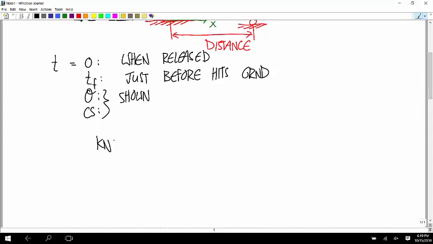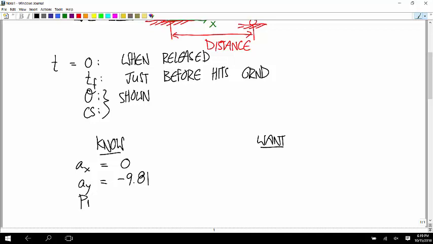And so now we have to figure out what we know and what we want. Do we know the amount of time it takes to hit the ground, time final? No. Do we know the acceleration? Yes, it's in free fall. So AX is 0. AY is negative 9.81. Do we know the initial position? Yep.